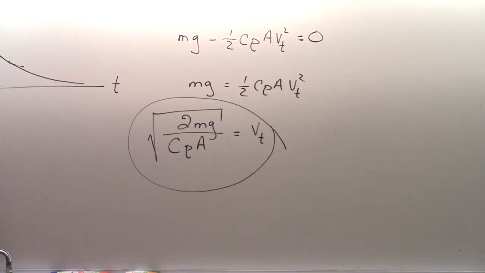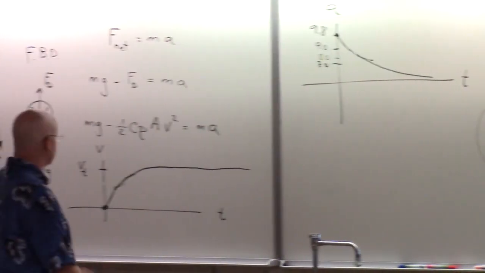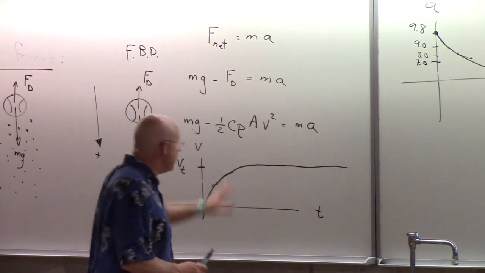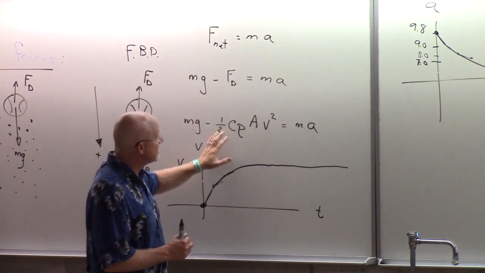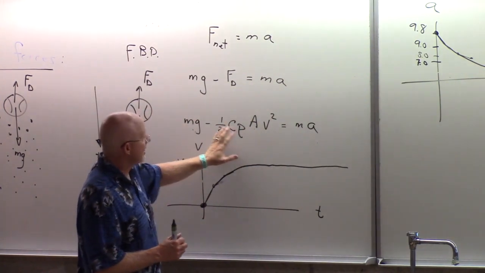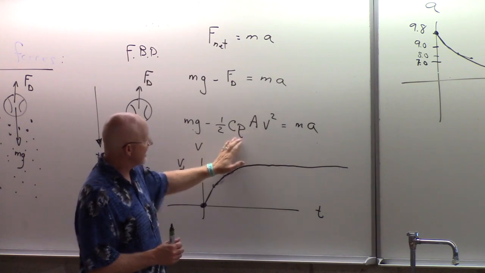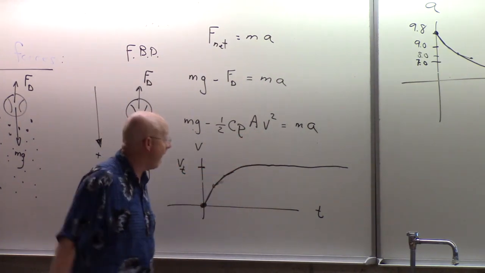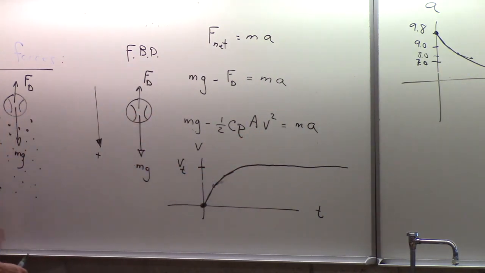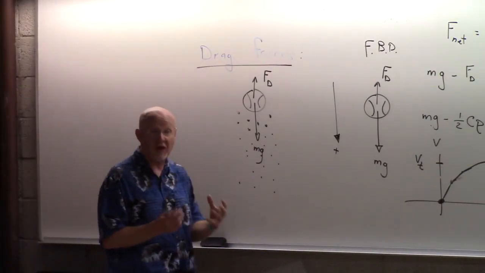Now, the same logic, and I'll just mention this quickly: how would this be different if instead I was talking about something moving fast in a low density like air, if I was talking about something moving kind of slow in something thick?